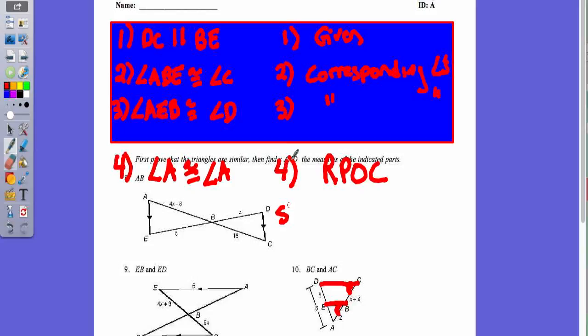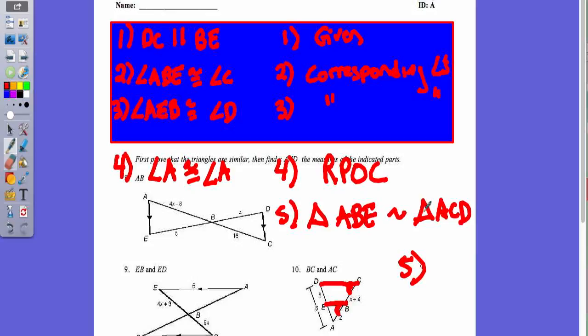Okay? So, triangle ABE is similar to triangle ACD by what reason? Do we understand these? Do you have to do all of them to prove it? No, because it's 2 angles, you only have to do 2 of the 3.